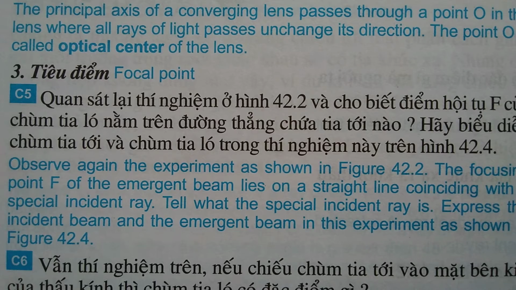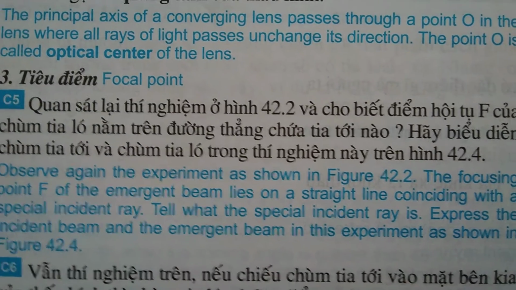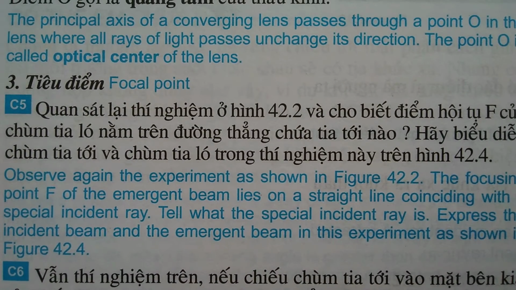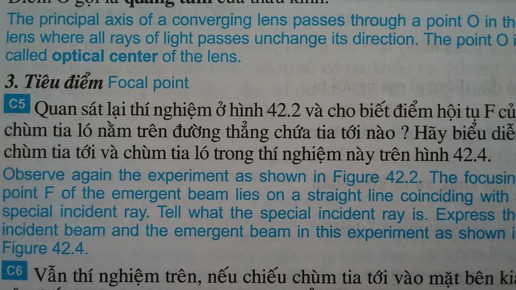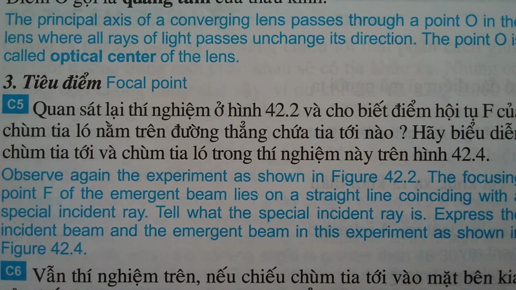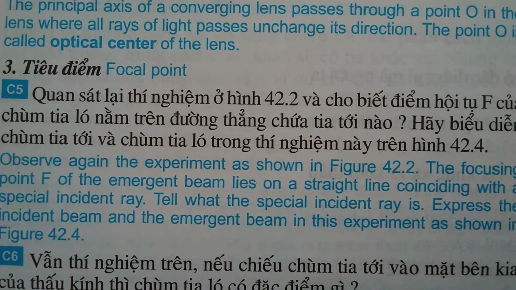Observe again the experiment as shown in figure 42.2. The focusing point F of the emergent beam lies on a straight line coinciding with a special incident ray.